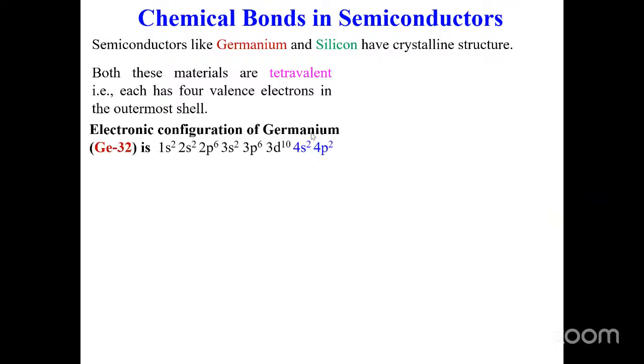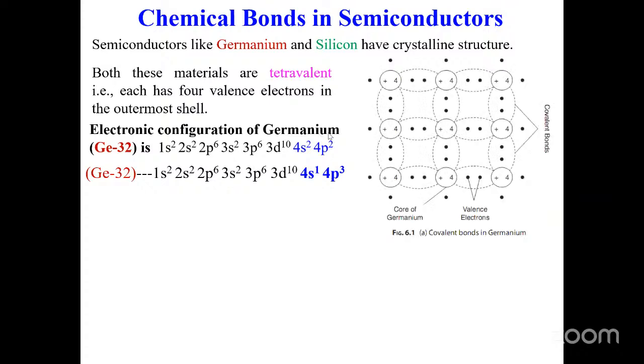Electronic configuration: so you can see here, 4 valence electrons.